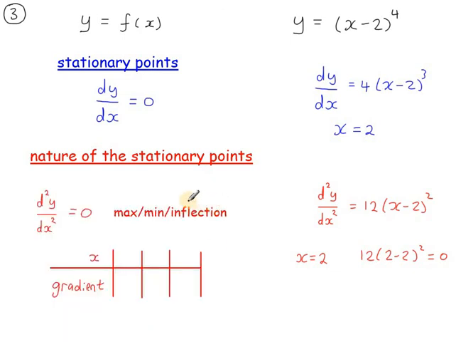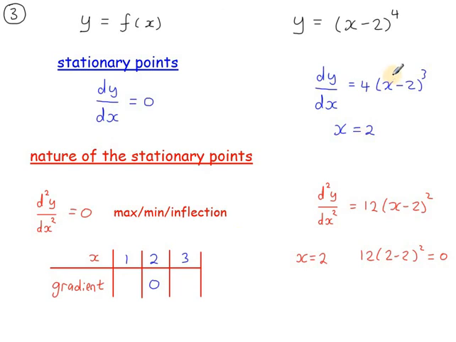So we're back to this condition where we could have a maximum, a minimum, or a point of inflection as our stationary point. So as before, we take values of x on either side of our stationary point. So there's my stationary point. If I take x equals 1 and x equals 3, values on either side, we work out the sign of the gradient at each of these points. So x equals 2 is stationary, so that will be 0.